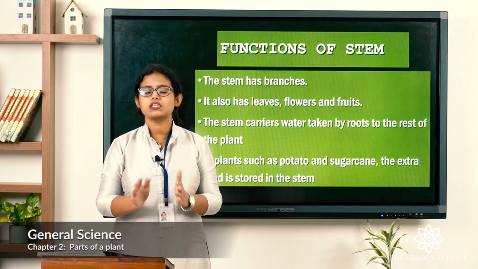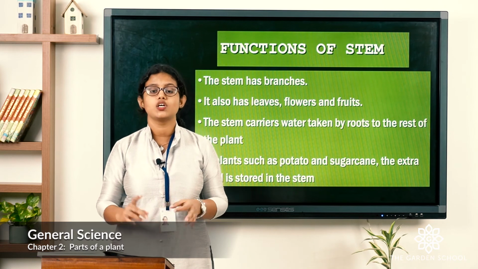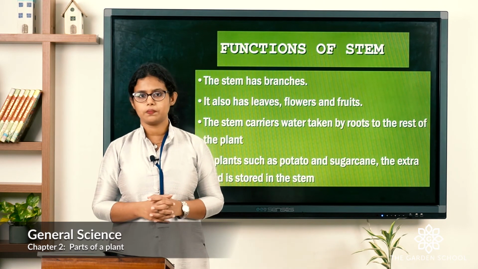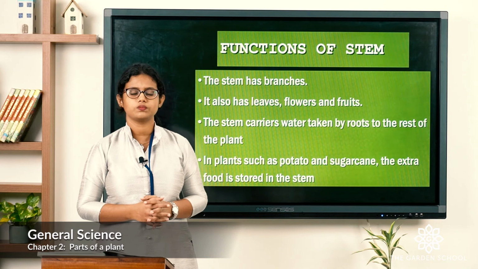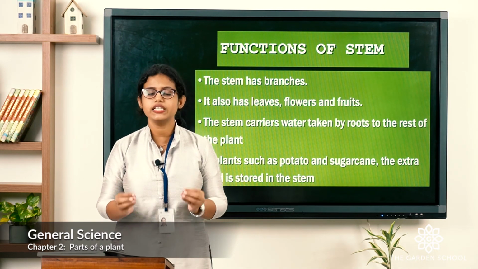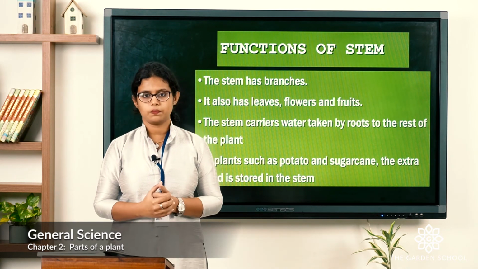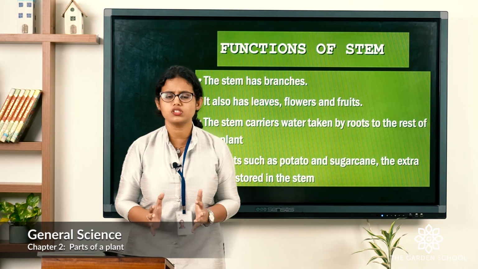The stem has branches. The flower, the fruit and the leaves grow on the stem. Plants like sugarcane, potato and onion store extra food in their stem.